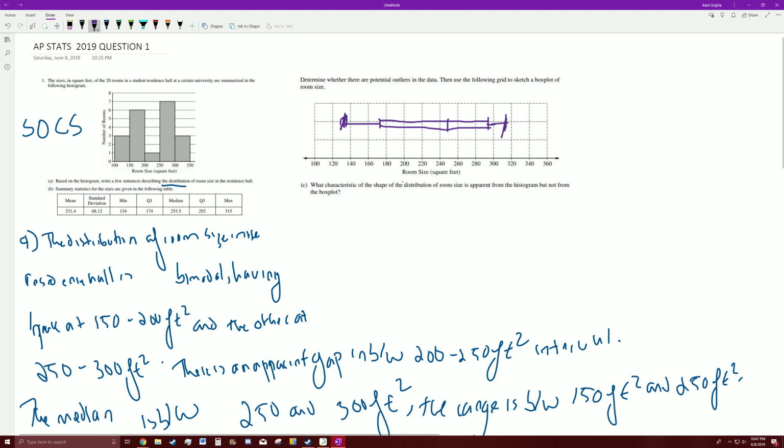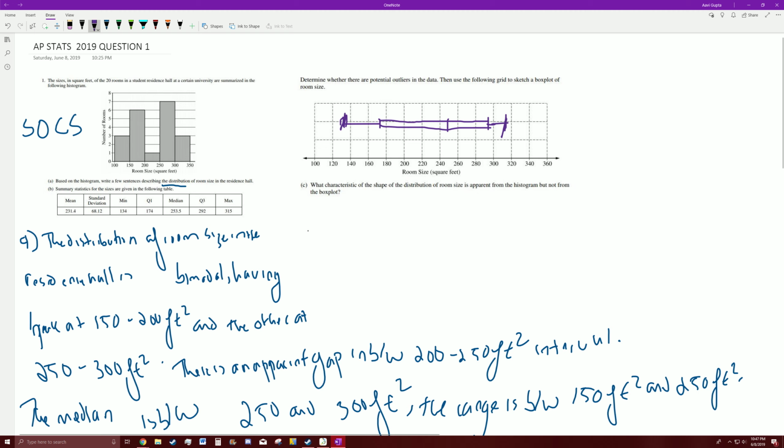Now, part C. What characteristic of the shape of the distribution of room size is apparent from the histogram, but not the box plot? Oh, okay, the bimodal nature of it.